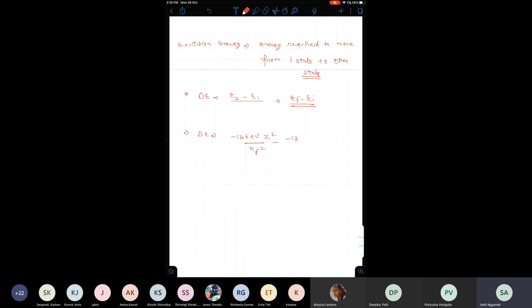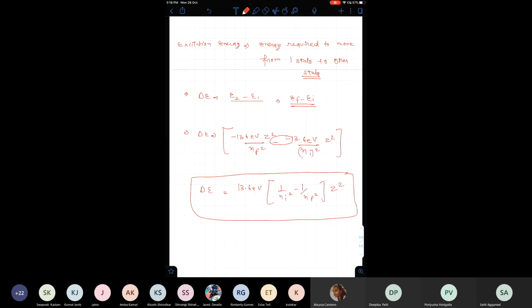Minus 13.6 electron volt into Z square by some n initial का whole square. If we solve it, what it will become? ये minus minus plus हो जाएगा. So 13.6 electron volt into 1 upon n initial square minus 1 upon n final square into Z square बाहर चला जाएगा. That will be your delta E. Any doubt in this?